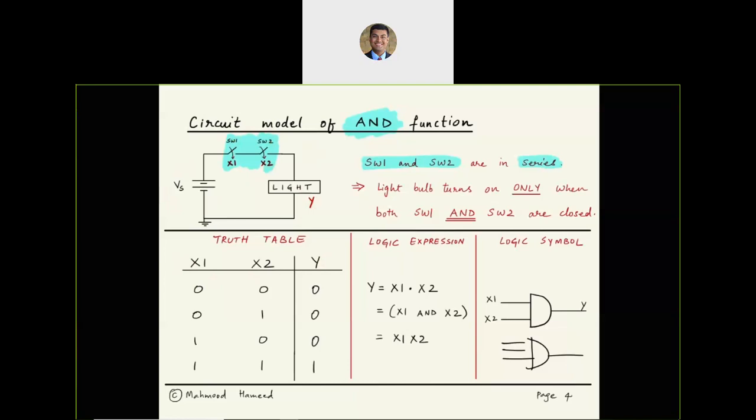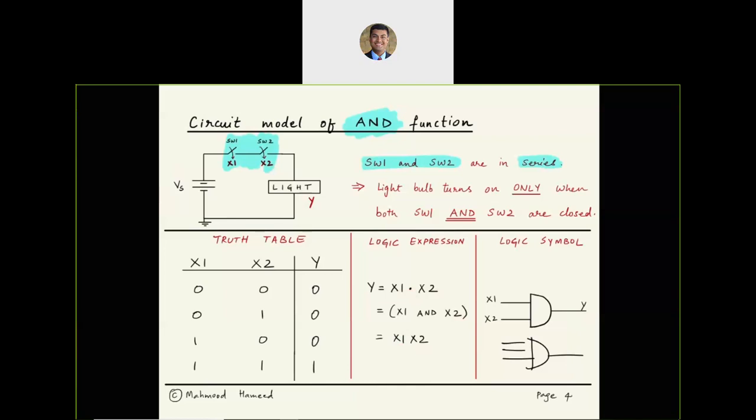AND is a logic gate, the symbol of which is a big D. X1 and x2 are inputs, Y is the output. The logic expression of an AND function simply has a dot in the middle of the binary inputs. So y equals x1 AND x2, written as this or simply as that.